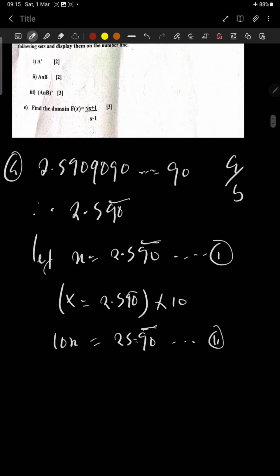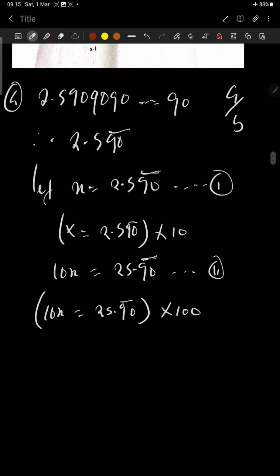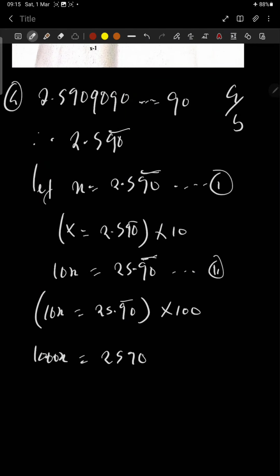Now I have to go over the bar. So over the bar I have to multiply this with 100. So I'm going to multiply 10x equal to 25.90 bar by 100. So this will be 1000x equal to 2590.90, because the bar will cross the decimal.